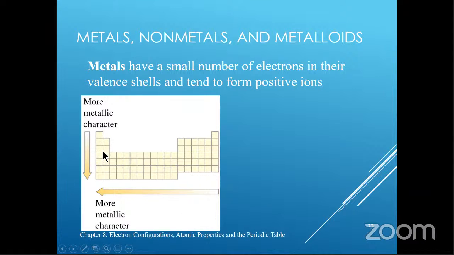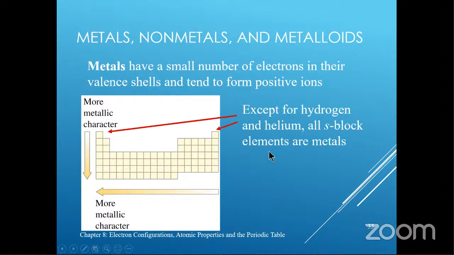So if you were to compare two metals and want to know which one is more metallic, you have to look at their relative positions in the periodic table. The one that's more to the left and down will be more metallic, all right?